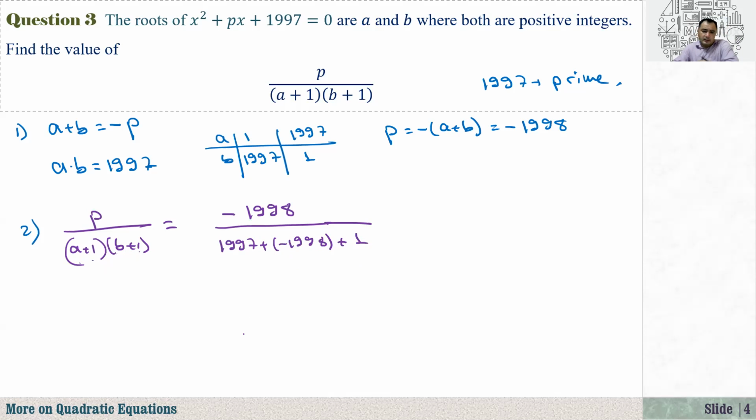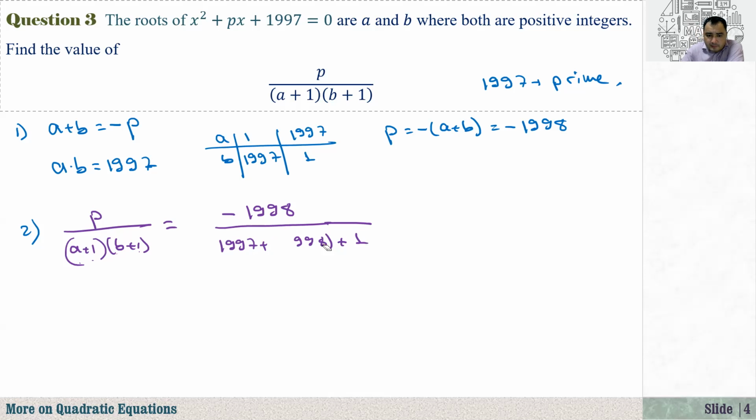So a times b is equal to 1997, and a plus b is 1998. Okay, a plus b is equal to minus p, right?